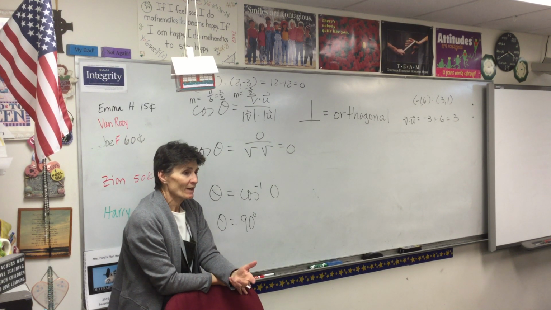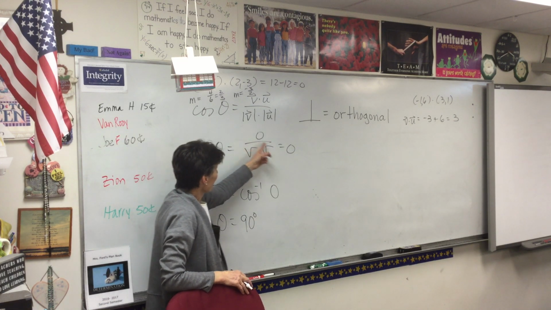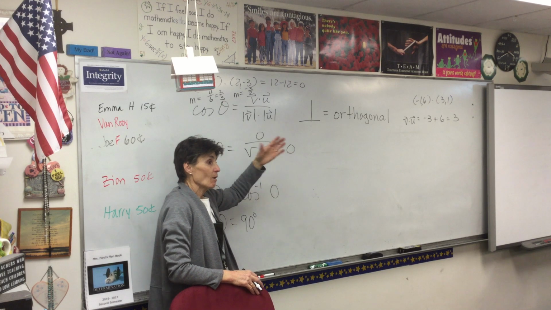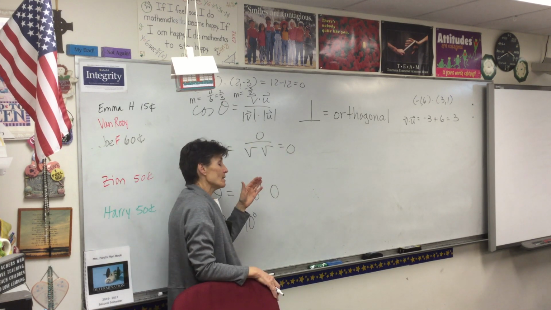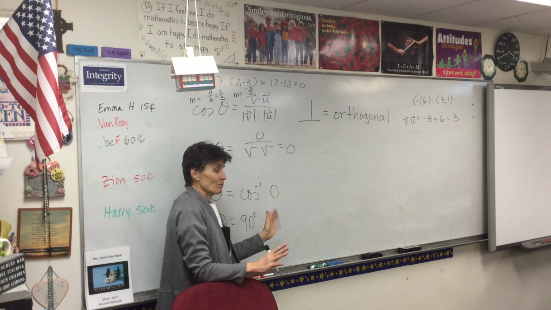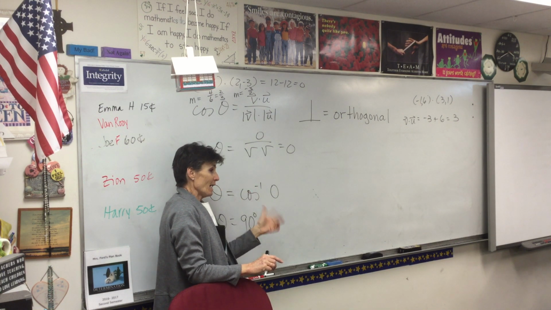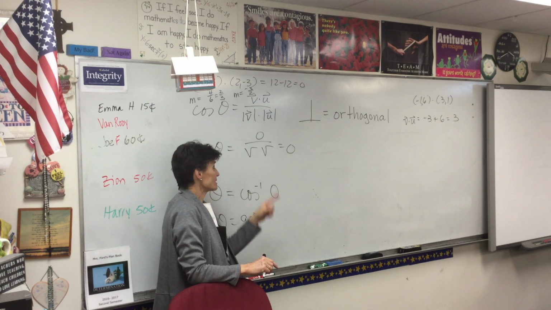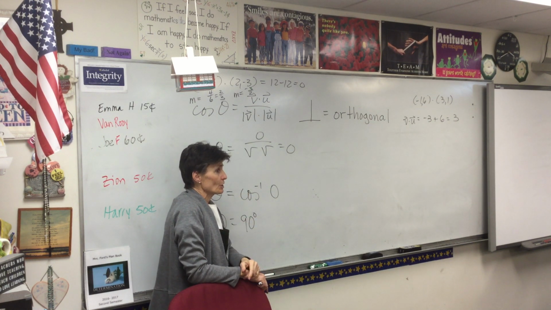What happens when vectors are orthogonal or perpendicular? Their dot product works out to be 0. Now, right now, I can tell by the looks on your faces, this is just not a stunning piece of information for you. But in 3 dimensions, kids, that idea is huge.